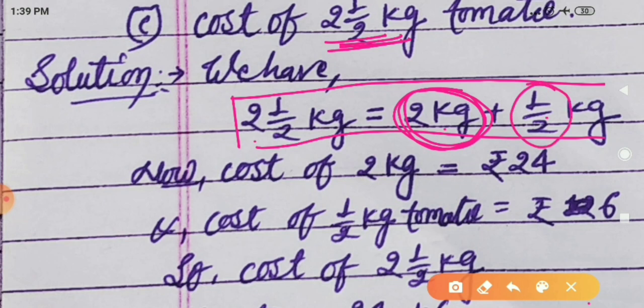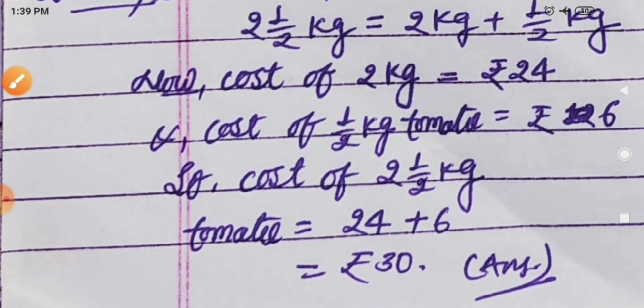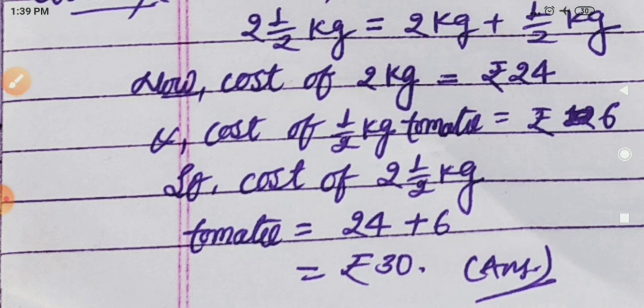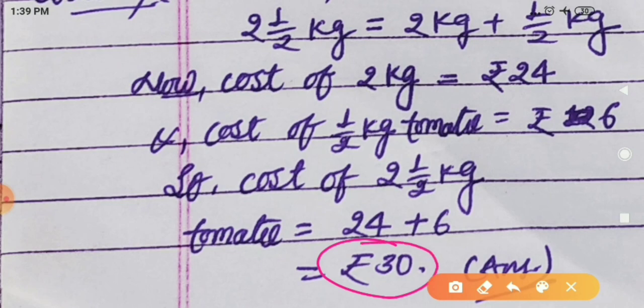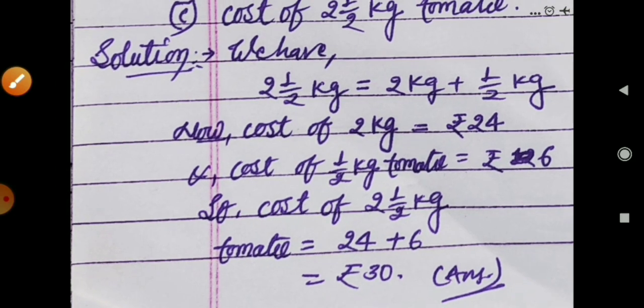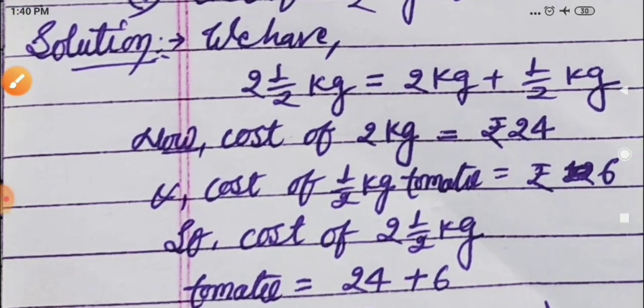In the previous question we have found it. So directly you can write cost of 2 kilogram tomato is 24 rupees and cost of half kilogram is 6 rupees. And at last you will add this: cost of 2 and half kilogram tomato is equal to 24 plus 6 is equal to 30 rupees. In this way you got the cost of 2 and half kilogram tomato. Clear?